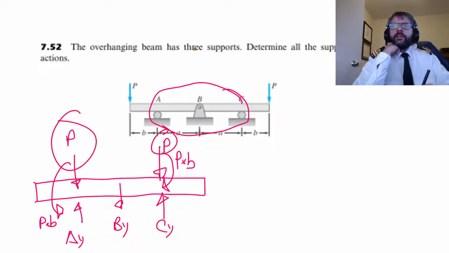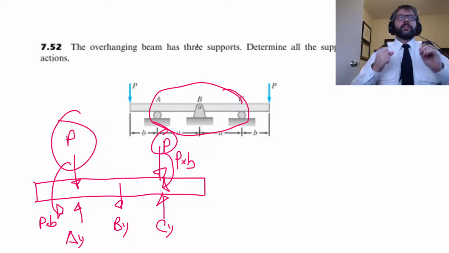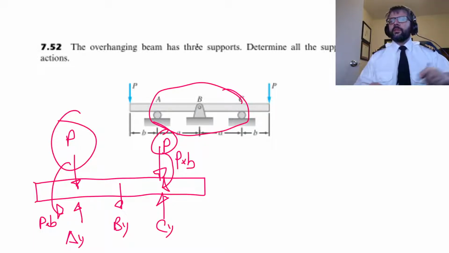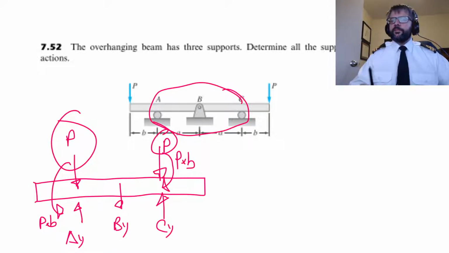So this and this aren't themselves going to cause any displacement in the beam. Putting a load directly over the support doesn't do anything but just increase the magnitude of that support. So what is going to cause displacement are these two P_B ones.